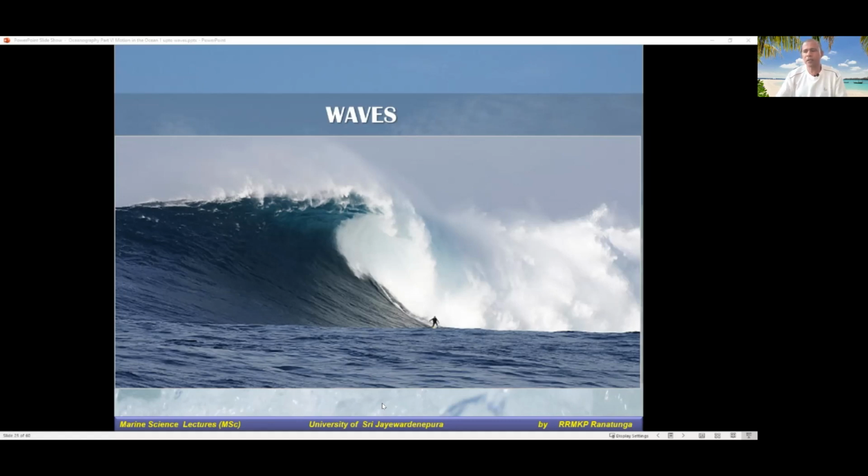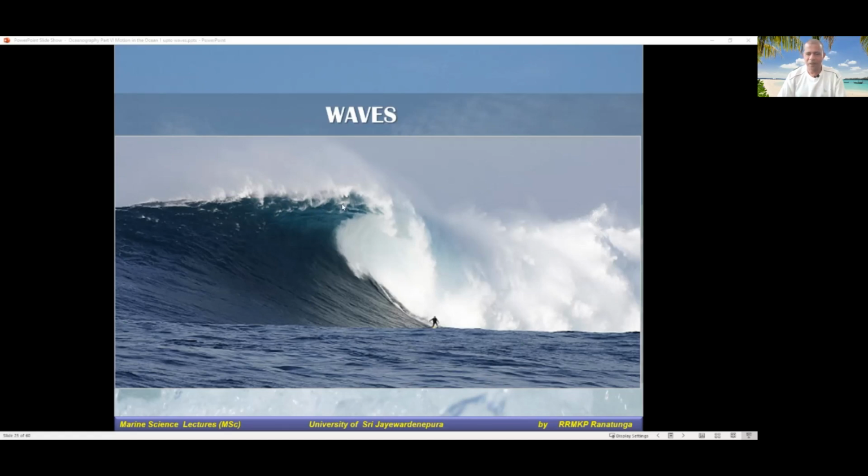You might have seen some waves are very low and have less energy, whereas there can be mighty waves, like a wall of water sometimes. As you can see in this image, you can compare a man surfing on this gigantic wave, right.